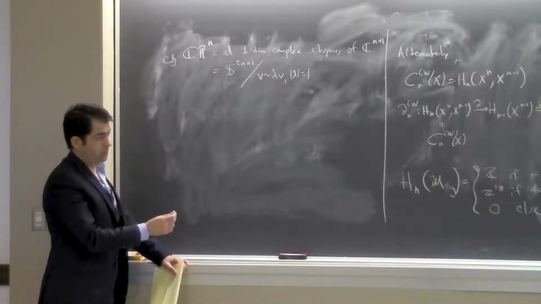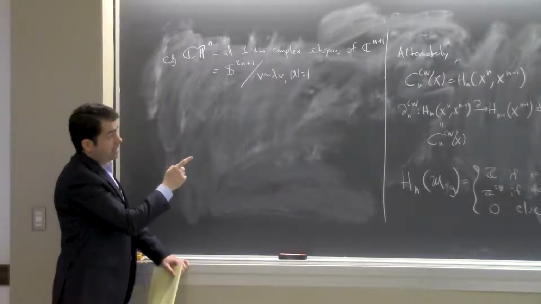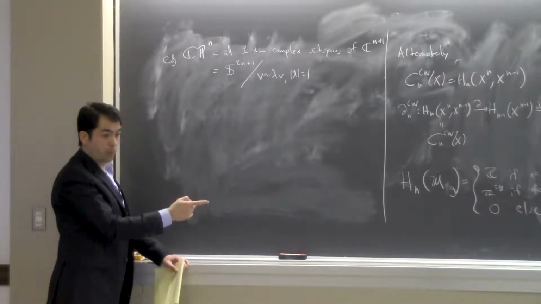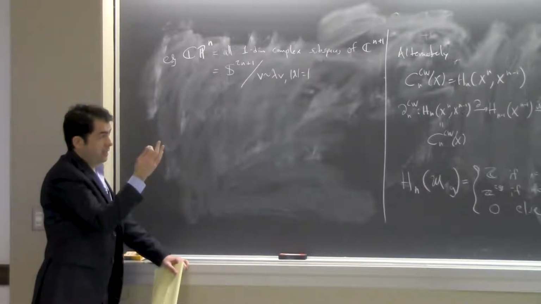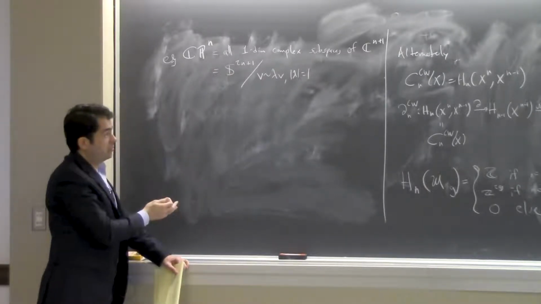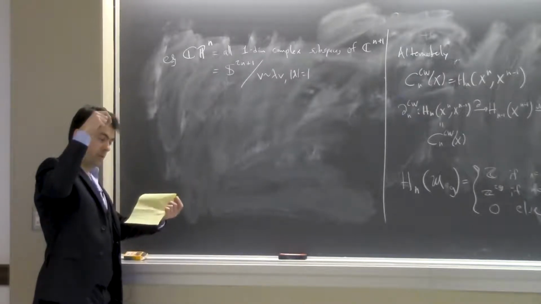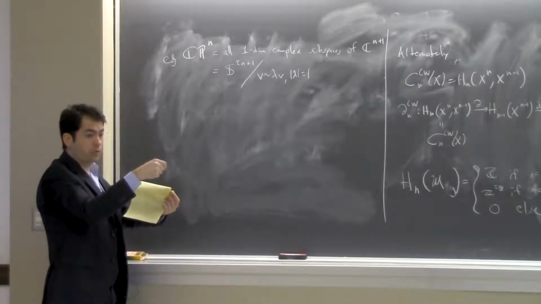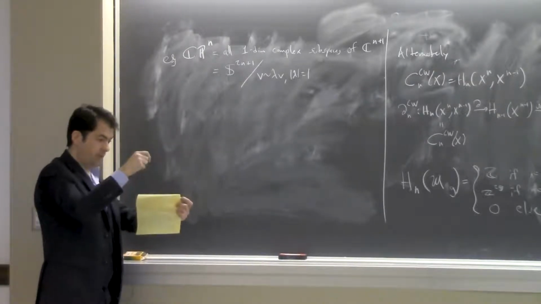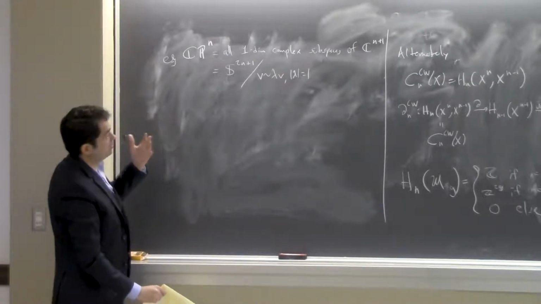Right? So this is how we got the description of RP^n as S^n mod out by the antipodal map. RP^n is defined to be all one-dimensional real subspaces of R^(n+1). And what you do is you just identify each real line with where it intersects the sphere, and so you just get 2 points. So it's just a sphere where you identify each point with the antipodal point. So here you do the same thing, except you're working with complex subspaces.